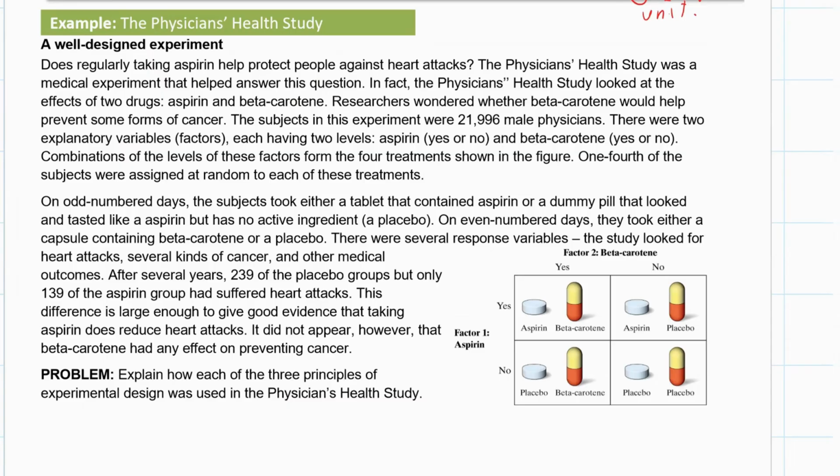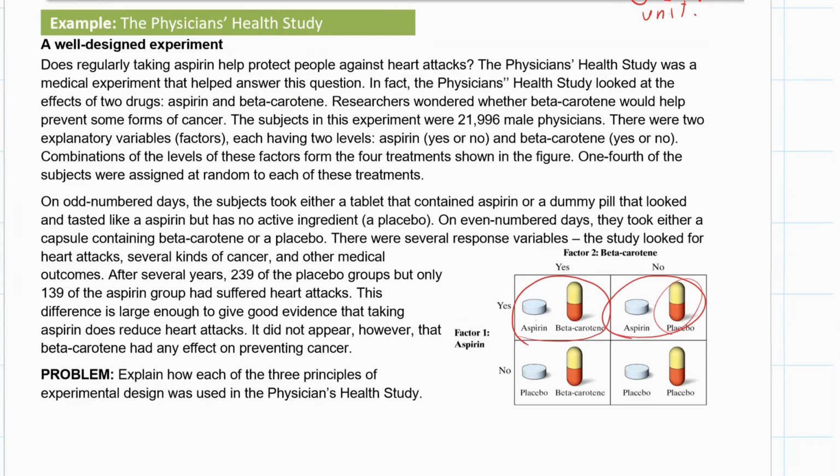Combinations of these levels of factors are shown in the figure below. A fourth of the subjects were assigned at random to each of the treatments. So one group took both aspirin and beta-carotene, where one group only took aspirin, but took a placebo instead of the beta-carotene.